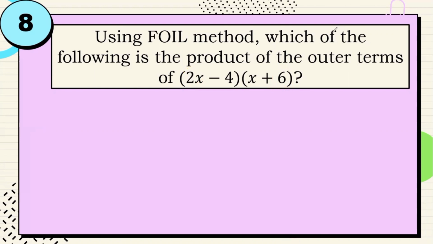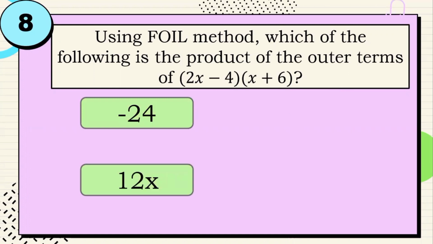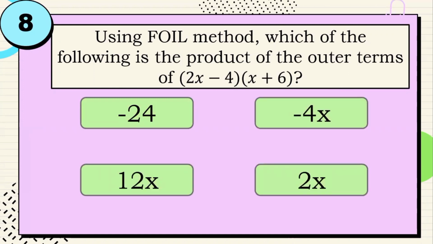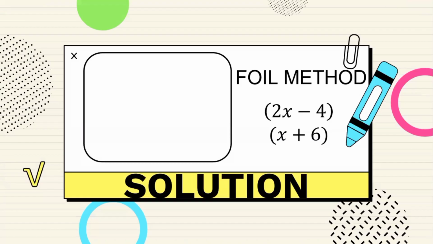The product is 12x. So we try to check the different choices. Check natin kung may 12x. So we have negative 24, 12x, negative 4x, and 2x. The answer is 12x.